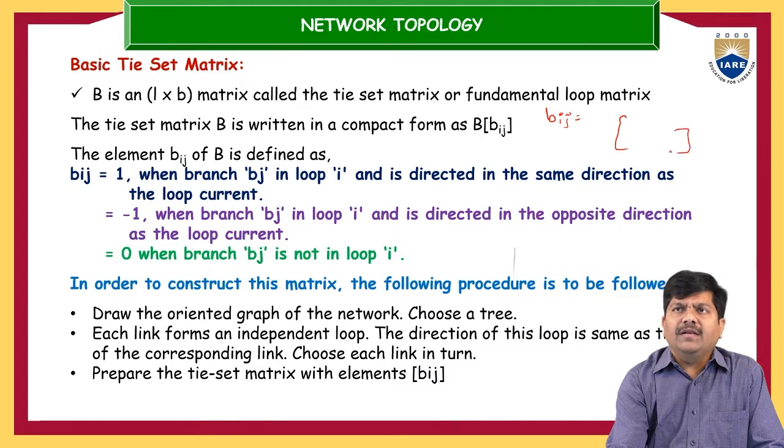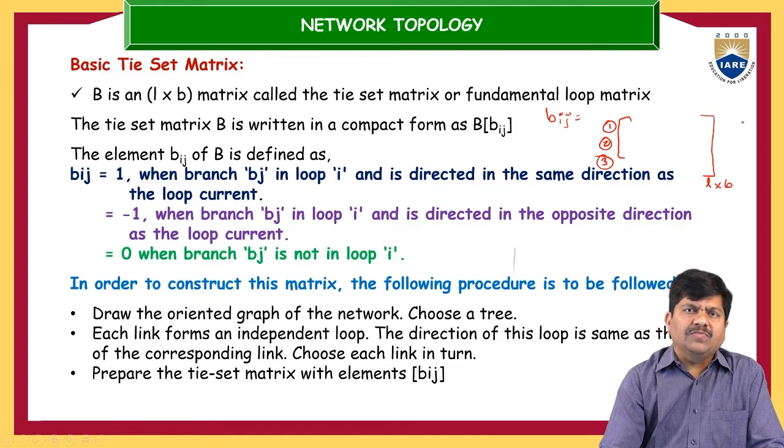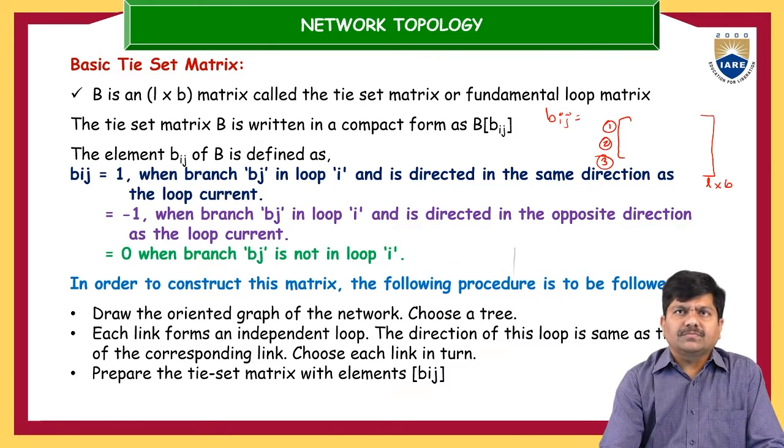So we write the matrix with those elements, and the size of this matrix is L by B: how many branches there are and how many links, where the number of links is the number of loops. Suppose the number of links is 3. Then there are 3 basic loops: loop number 1, loop number 2 and loop number 3. On top of this matrix, we are going to write the branches.